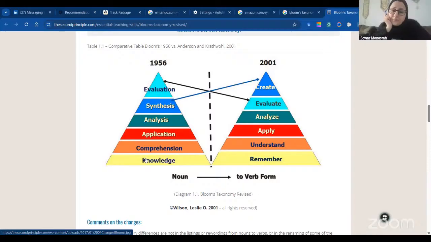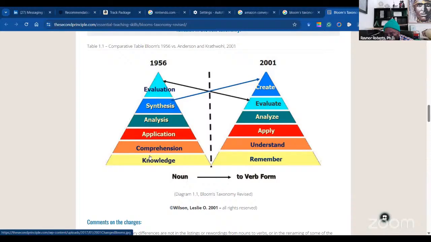So again, as educators, we have to figure out where they fall on the taxonomy before we start a unit. Before we start a new unit, we need to know what they already know about it. So we do some type of pre-assessment, and then we have to make a judgment call: where do they fall on the taxonomy?